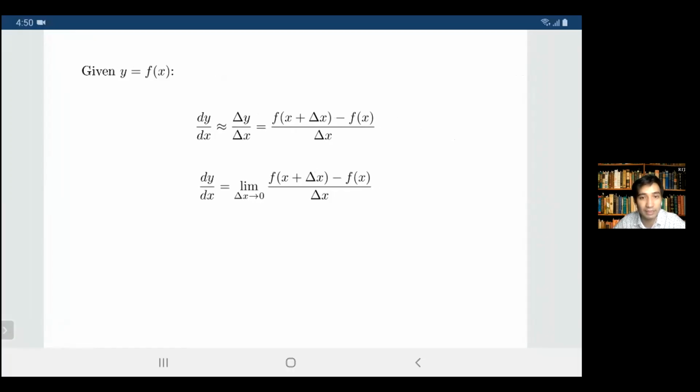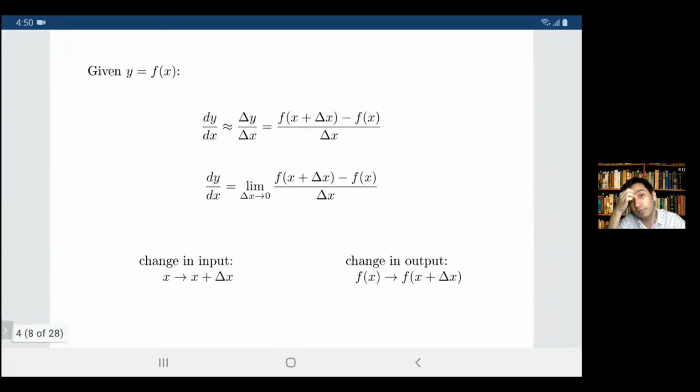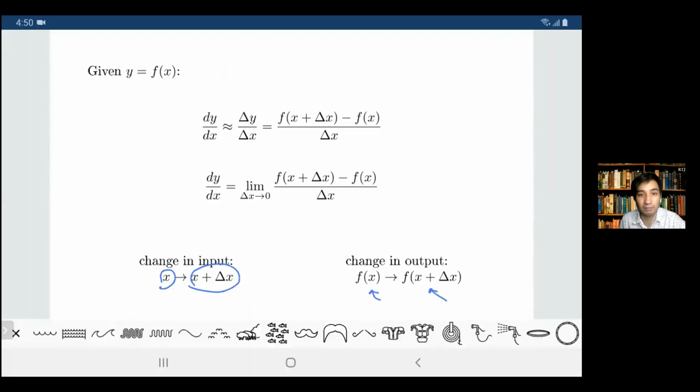What I want to emphasize here is the following. Yung numerator, that's the change in the output if you change the input from x to x plus delta x. Okay? So from x, pag ginawa mong bagong input ay x plus delta x, syempre yung original output mo, that's gonna be f of x. And the new output will then be now f of x plus delta x.